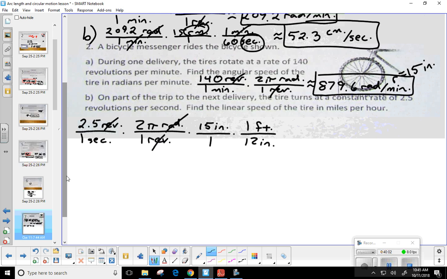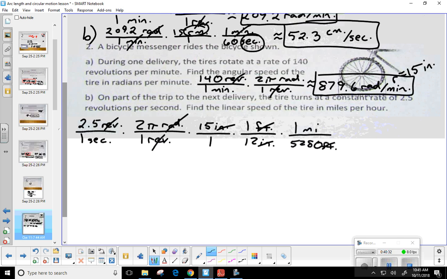And now I want to convert feet to miles. How many feet are in a mile? 5,280. All right. So what would I put? 1 mile, 5,280 feet. So if I take a look at what I've done here, inches cancel, feet cancel. So now I've got miles per second.